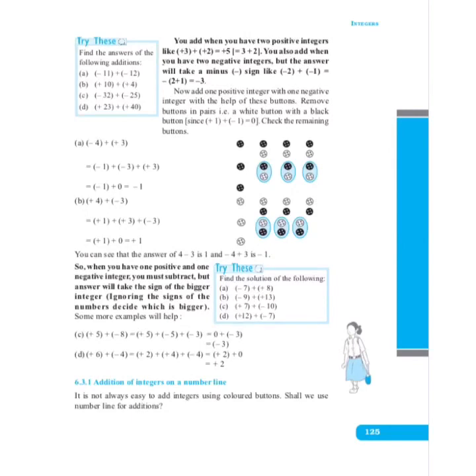That means if you have minus 2 and minus 1, then also when adding, you will get minus 3. Why? Because both the integers are added, but both have negative signs, so the answer will be negative only. So minus 2 plus minus 1, the answer will be minus 3.